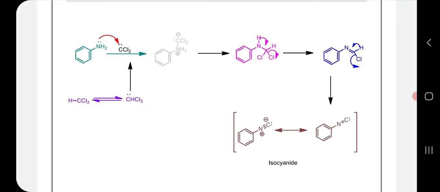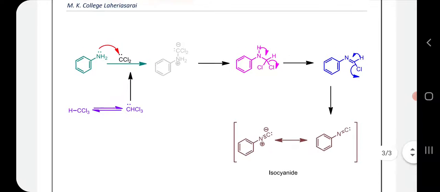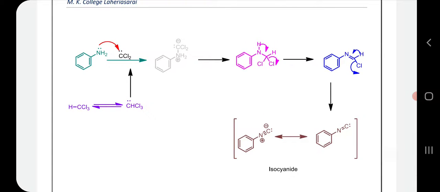Now it eliminates one hydrogen chloride molecule, which leads to the formation of another intermediate, shown in blue. You can see this intermediate in blue is formed by elimination of hydrogen chloride, the Cl- and H+.